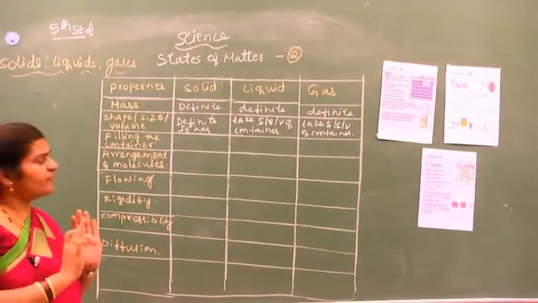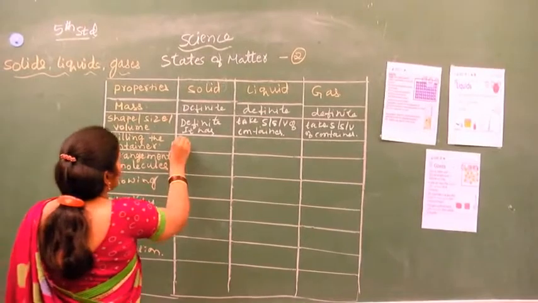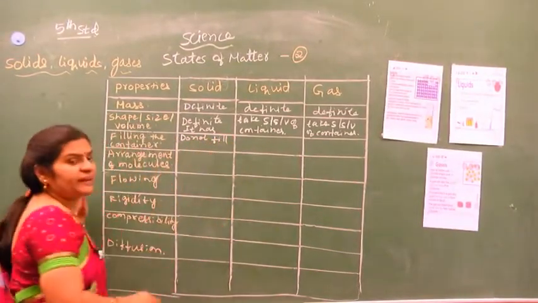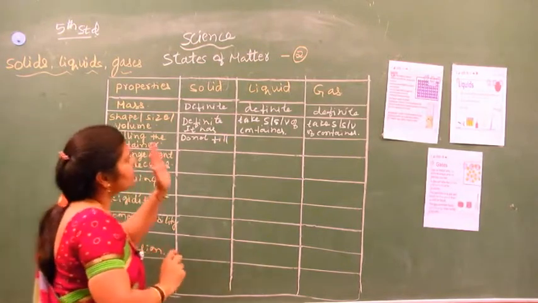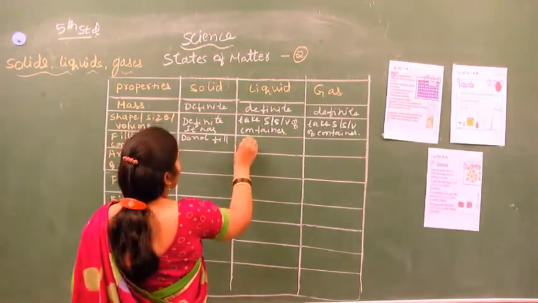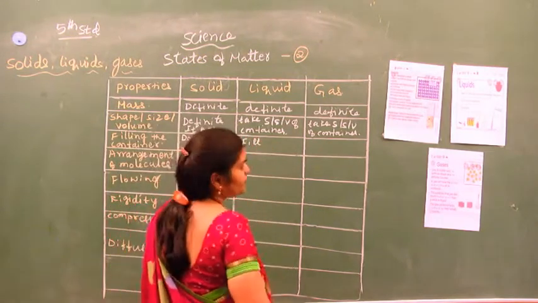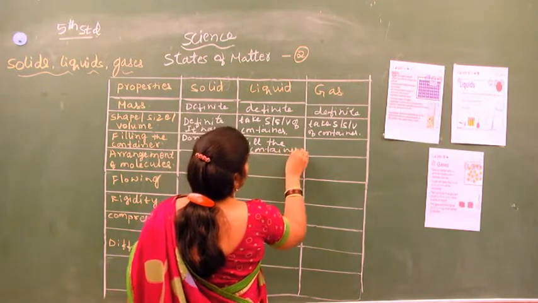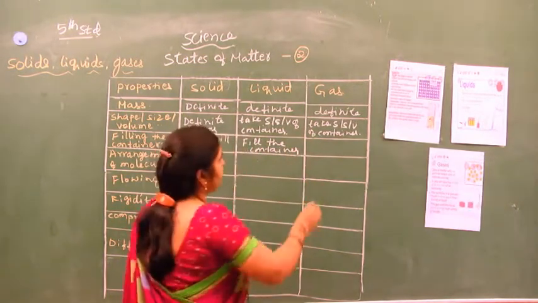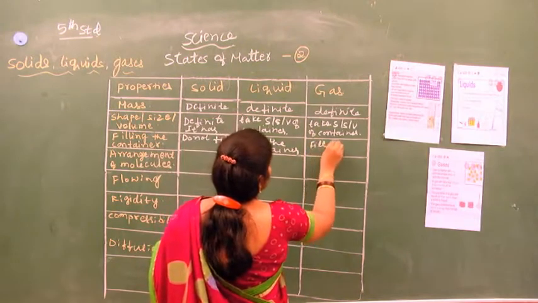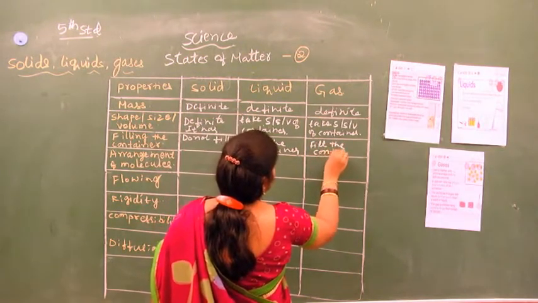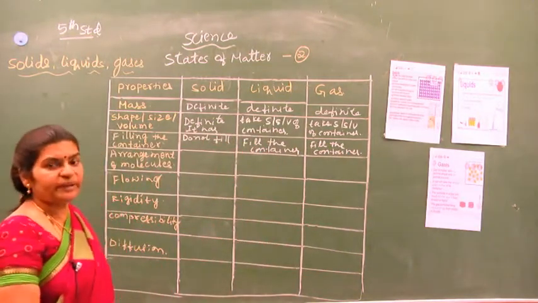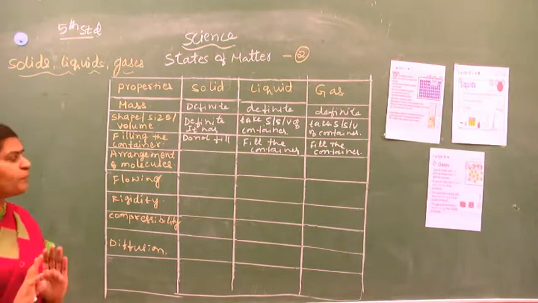The solids do not fill the container completely. But the liquids are going to fill the container, and in the same way, gases are also going to fill the container. That means the substance in which we put them totally occupies the place.